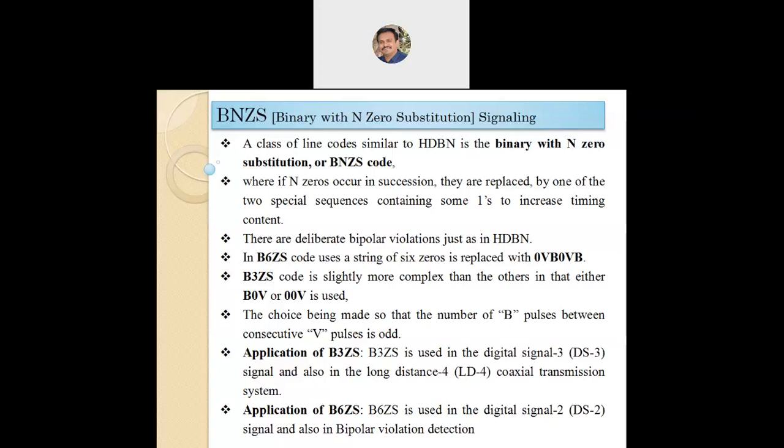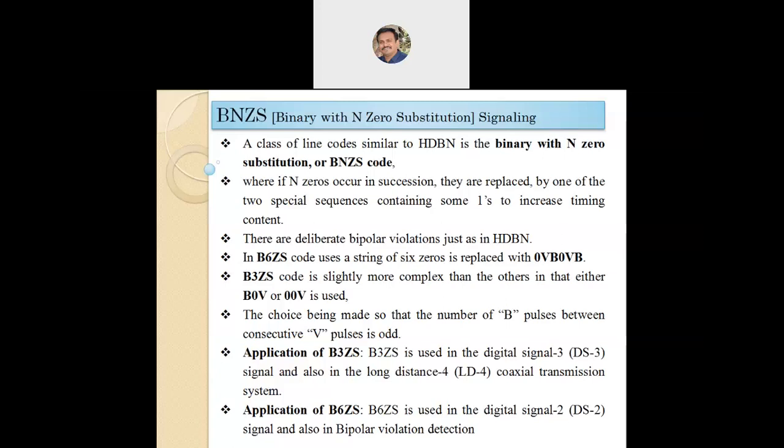The special code may be B00V or 000V, where B and V are equal to 1. The B bit follows the bipolar rule and the V bit violates that rule.